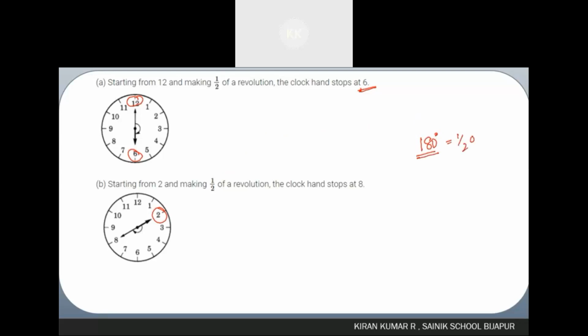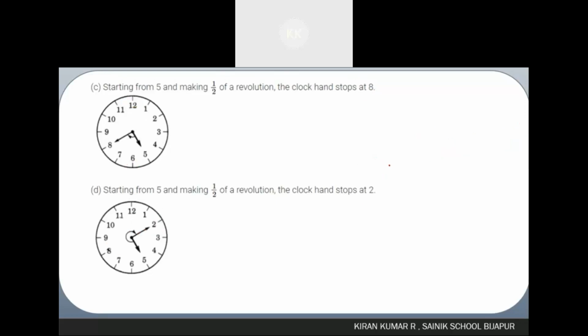So at 2, I need to take 180 degrees, it stops at 8. Next one, starting from 5, making half a revolution, the clock hand stops at 8.